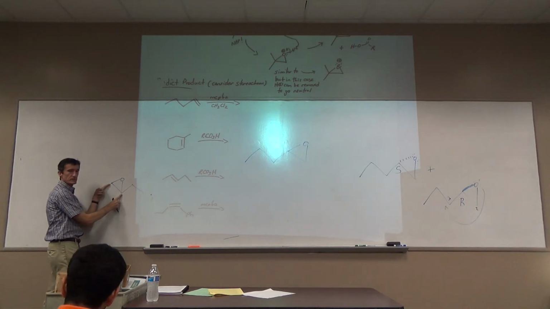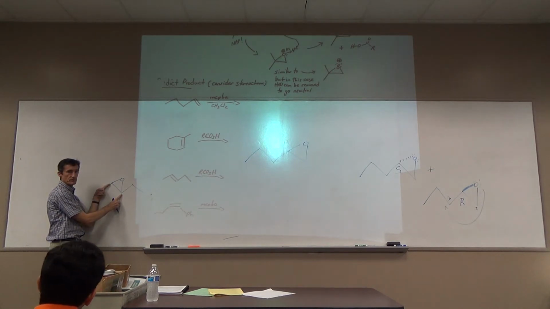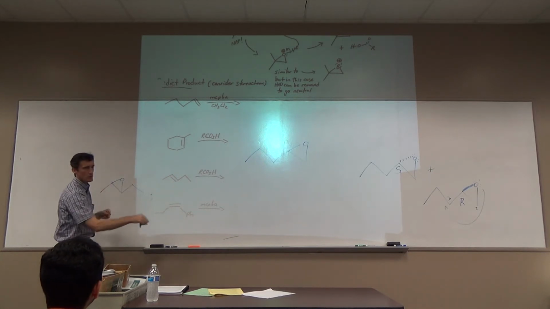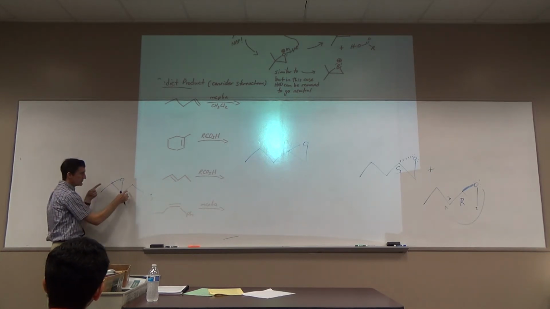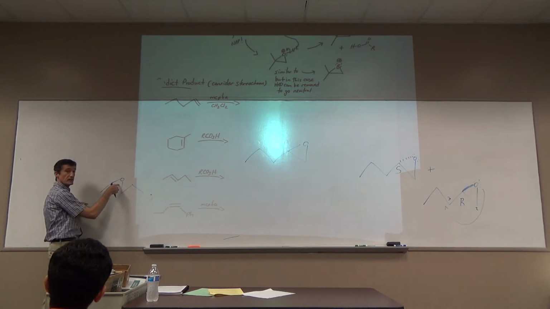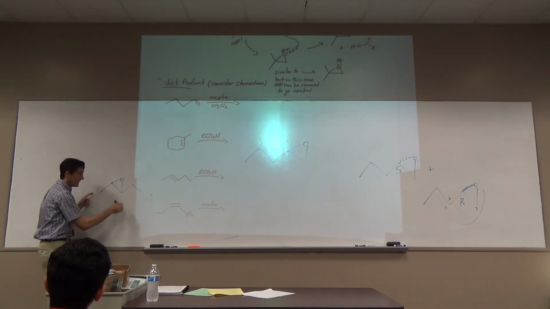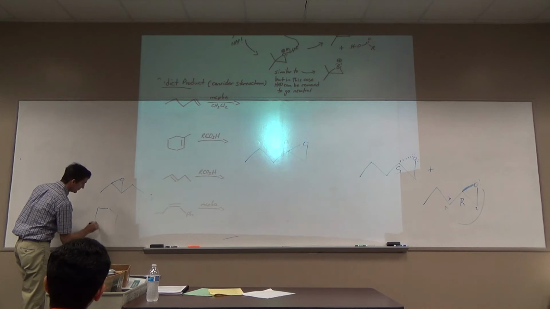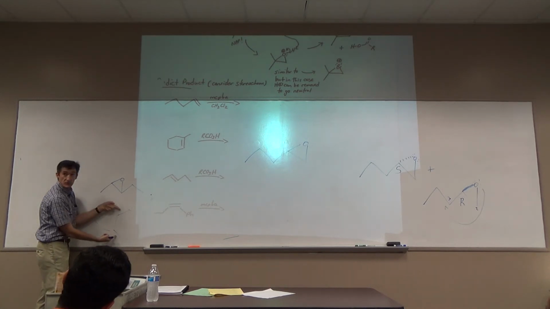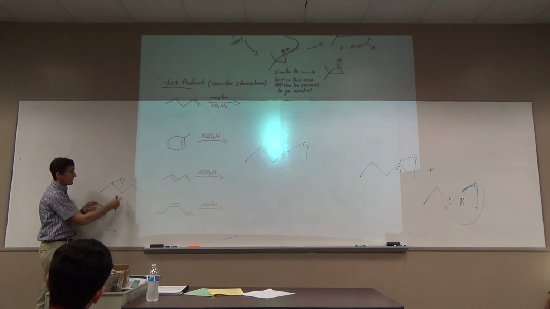But both of these are chiral. Let's forget about individual R and S. How are these two groups related to each other? Because this is a ring with two groups. Remember before when we had a ring with two groups, such as this? These could be cis or trans. Well, that's a ring with two groups.